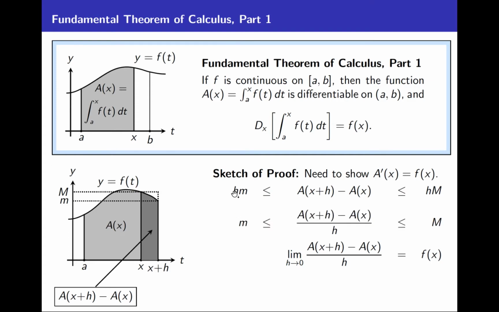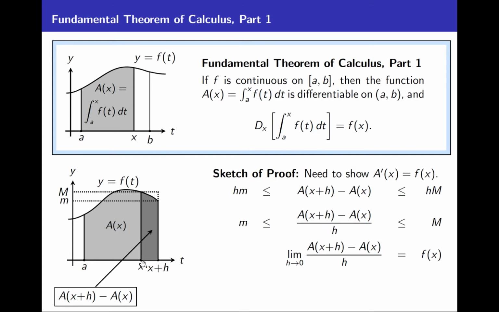In so doing, the h's here and here cancel out, and we get an h in the denominator. So we have this expression, A of x plus h minus A of x over h, greater than or equal to little m, but less than or equal to big M. Now, this little m right here, if you think about h getting smaller and smaller, x plus h is getting closer and closer to x, that value of little m gets closer and closer to f of x as x plus h squeezes into x.